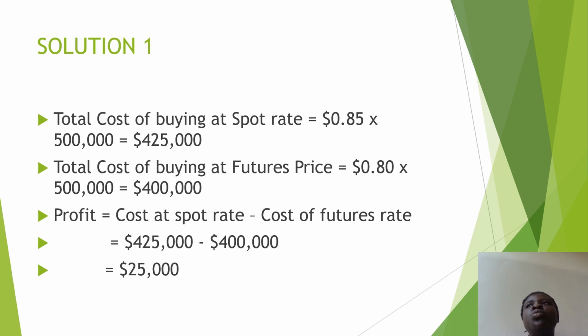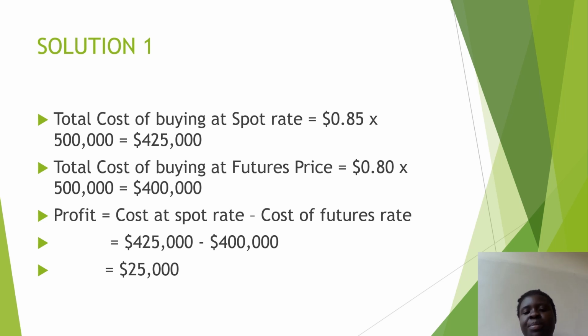So if the person is to buy that 500,000 euros, how much would it cost? Because the person is in the US dealing in dollars, it will cost $0.85 times 500,000. So the total cost of buying at the spot rate will be $425,000.